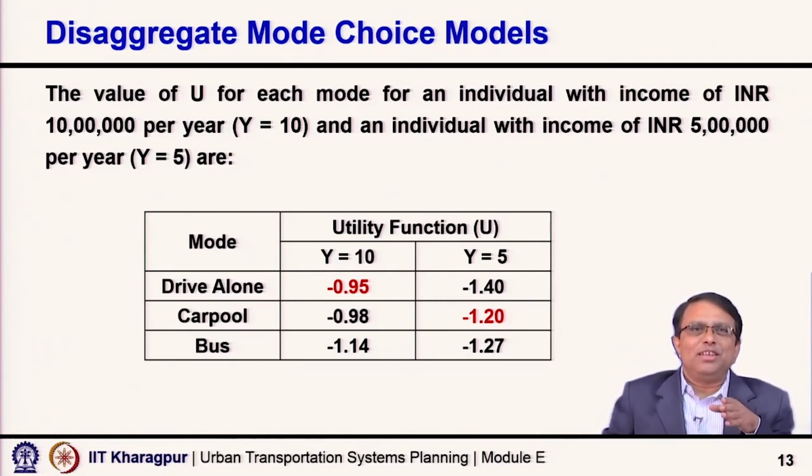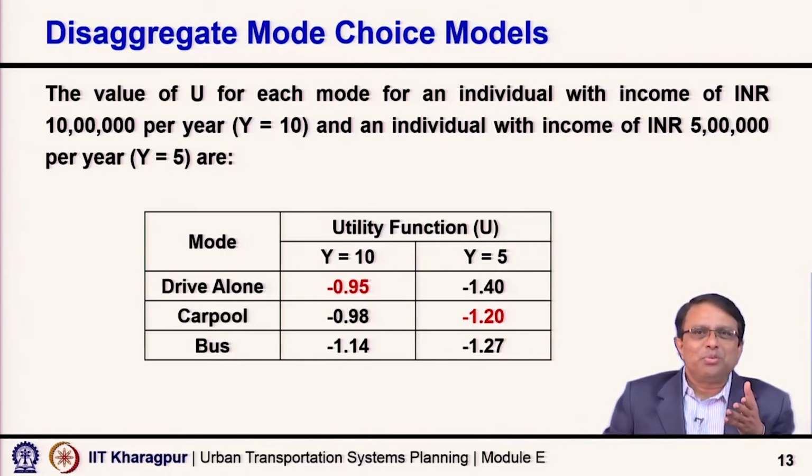So, you can see for the high income group, or for an individual with high income, let us talk about only one individual with high income, the drive alone utility is minus 0.95, carpool is minus 0.98 and by bus minus 1.14.